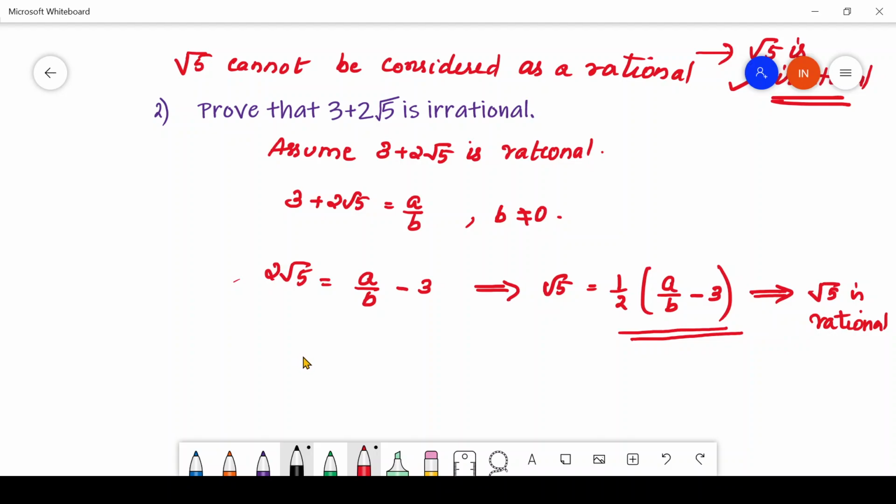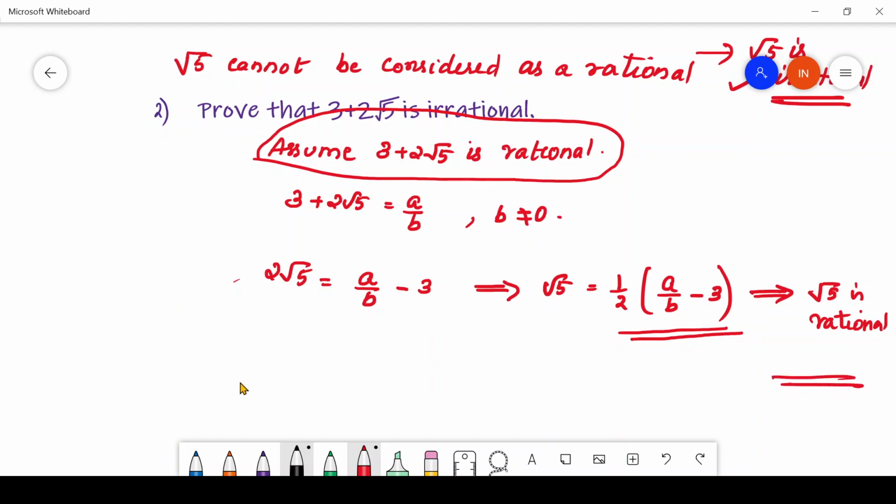Our assumption was what? Our assumption was 3 plus 2 root 5 is rational. That is why we got root 5 as rational. But we know it is irrational, right? So we can conclude, therefore, 3 plus 2 root 5 is an irrational number.